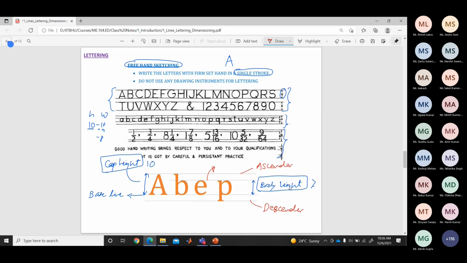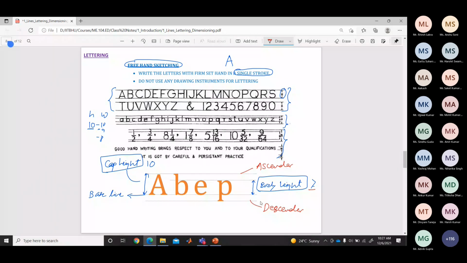Based on the body height, this line changes. In some cases it is required to be, let's say, 9 mm, or let's say 5 mm. So this will vary, so there is no particular name for it. This is variable.